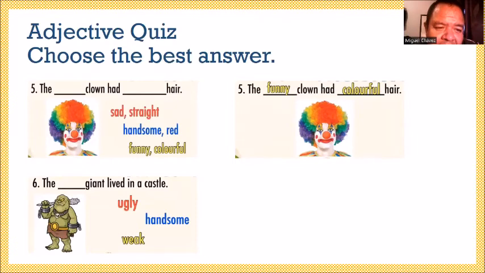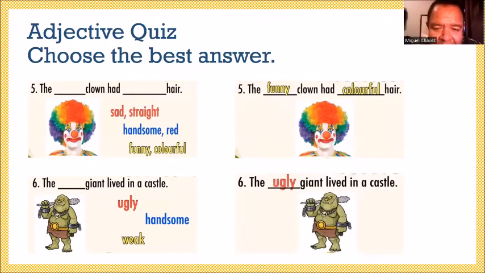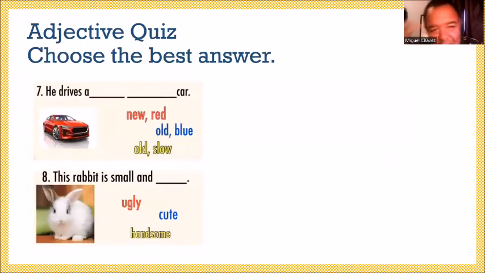Number 6, please. A volunteer, can you help us, please? The ugly giant lived in the castle. Yes, the ugly. Thank you so much. Yes, you're right. Number 7, please. You are doing very well.